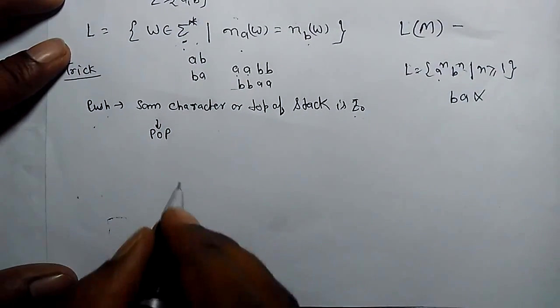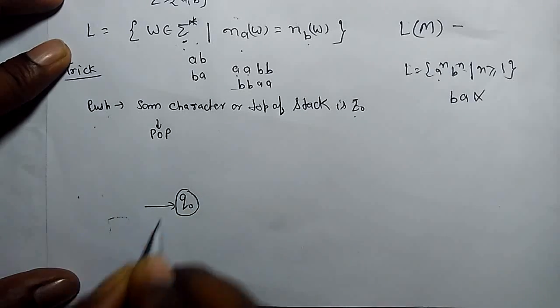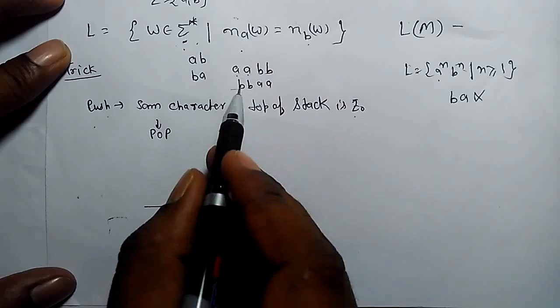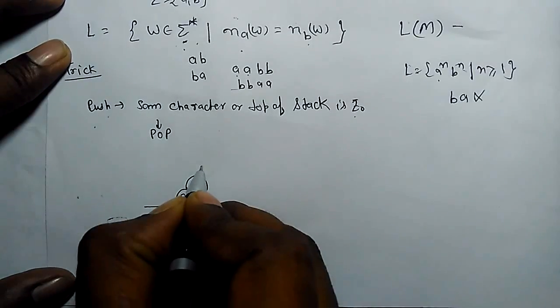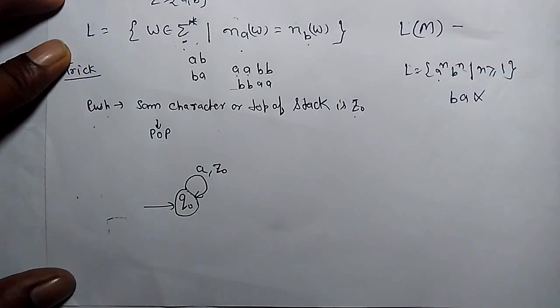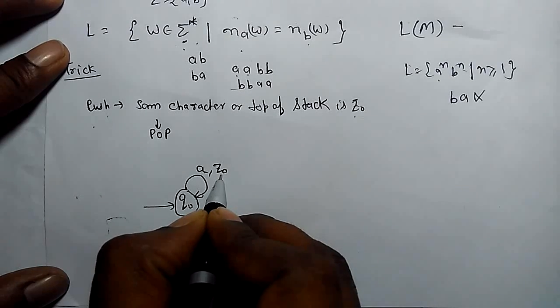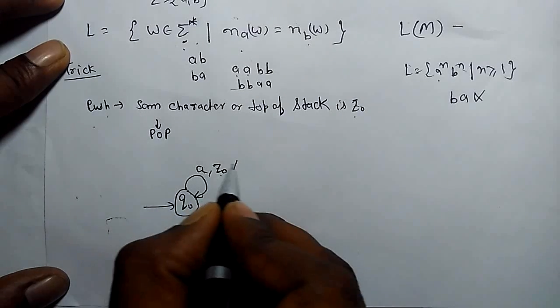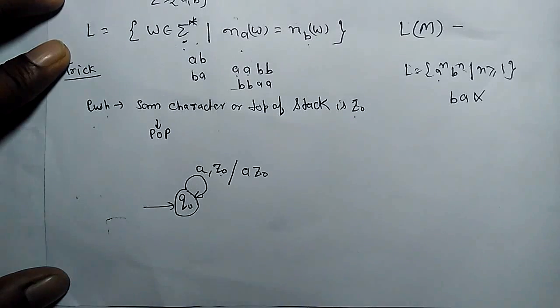From this logic, let's create q0 as the start state. If you read A or B, anything, if you read A and the top of the stack is Z0, well, first input symbol is A and top of the stack is Z0, how will it move? Push A Z0.